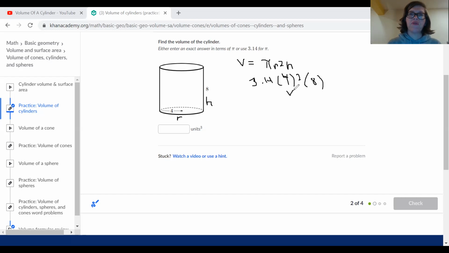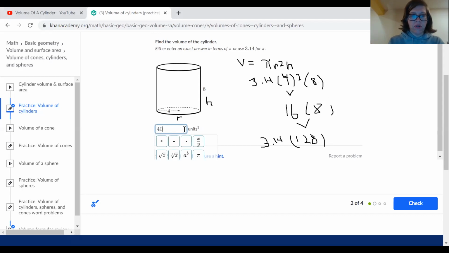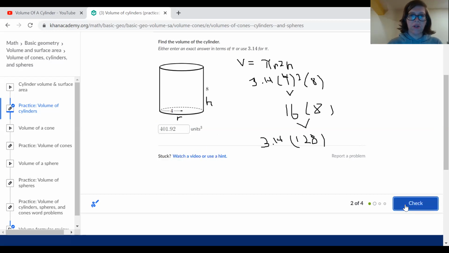All right, so 4 times 4 should have given you 16, right? And then 16 times 8 should give you what? 128. Hopefully that's what you got. And then you're going to multiply that times 3.14, just pi. And that should give us 401.92 cubic units. All right, we're going to look at a step-by-step solution just to make sure we understand.